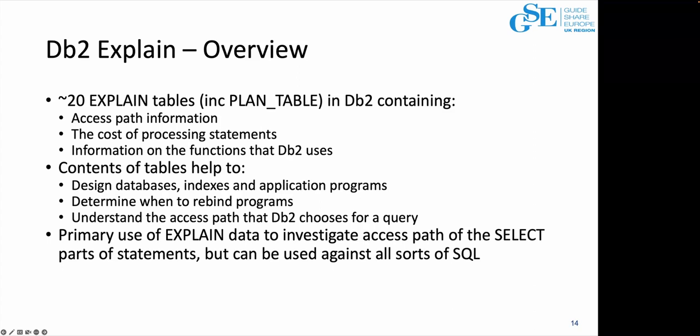And from a performance perspective, the data helps us to understand the access path that DB2 chooses. And the last point here is that the primary use of all this explained data is to investigate the access path of the select parts of the statement, but you can run an explain against all sorts of SQL.